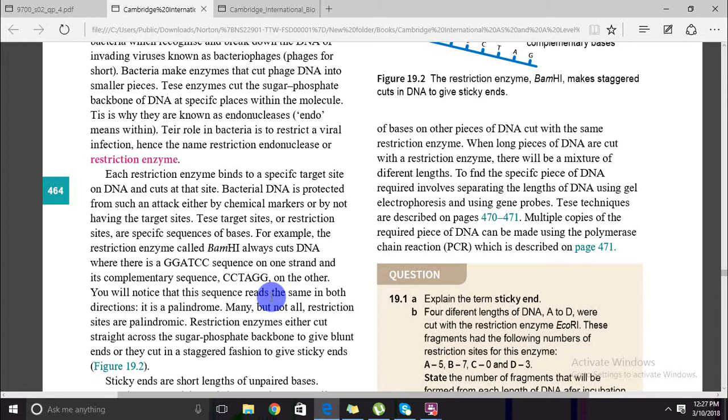If they were to ask you to define sticky ends, what would you say? Sticky ends are short lengths of unpaired bases, and you can underline short lengths of unpaired bases, and you can also underline unpaired because these are the key terms in this definition.